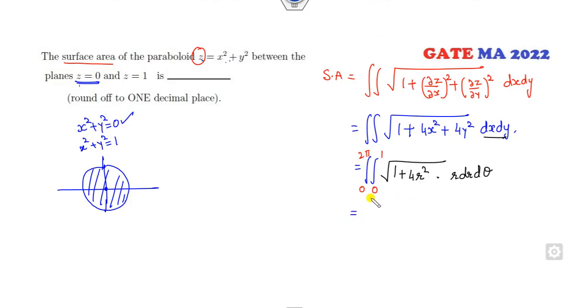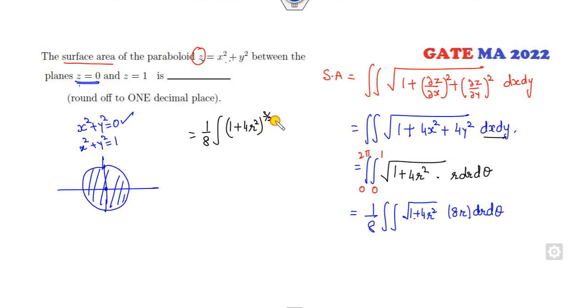How can I solve this? I can multiply by 8 so that the integrand becomes 8r, and now you can see the derivative appears directly. So this integration becomes 1 plus 4r square raised to power 3 by 2 divided by 3 by 2, into d theta. The angle is 0 to 2 pi and the limit of r is 0 to 1. 2 over 3 is here.